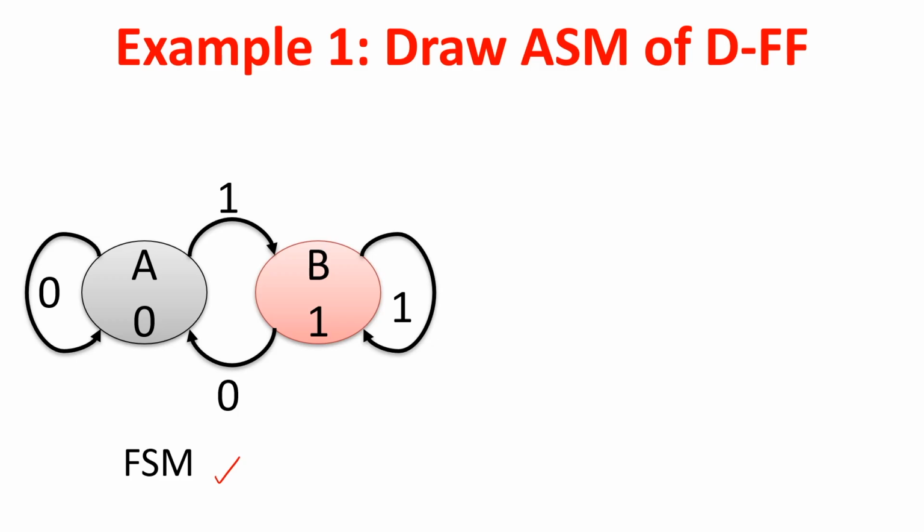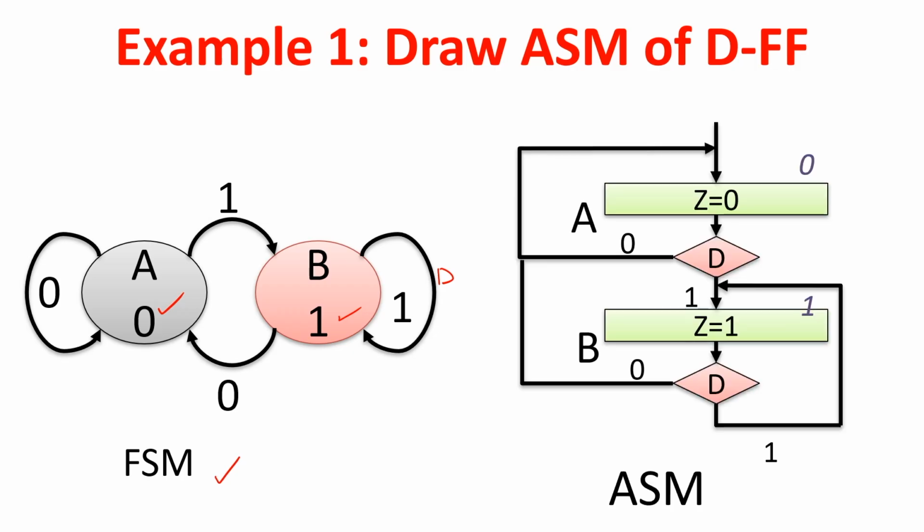It has two states, A and B. A is for outputting 0 and B is for outputting 1, and this is the input D. Whenever you get input D equal to 1, it goes to state B, and whenever you get input 0, it goes to state A, with output 0. This is the standard FSM for a D flip flop, and we can model it as ASM.